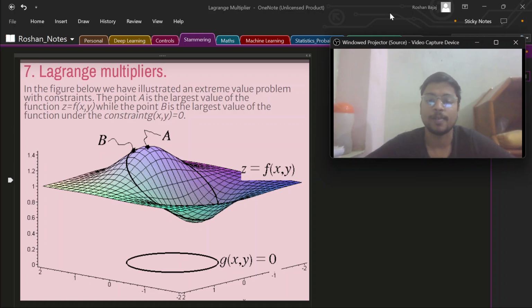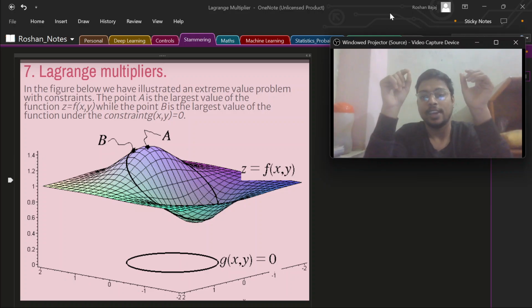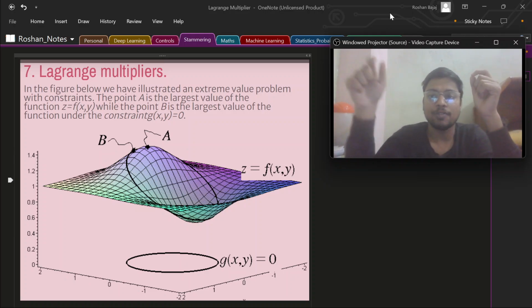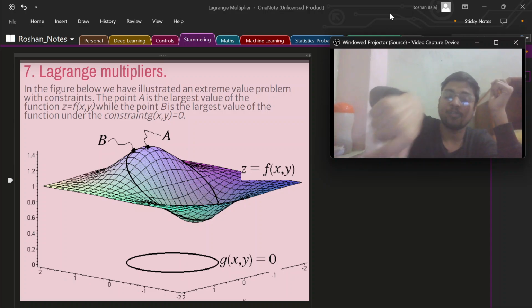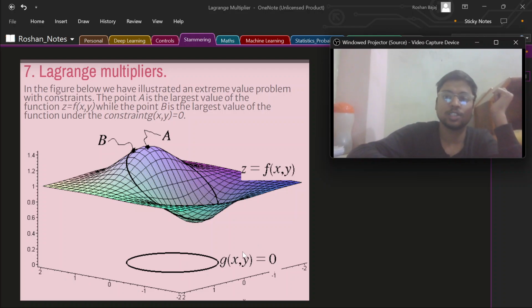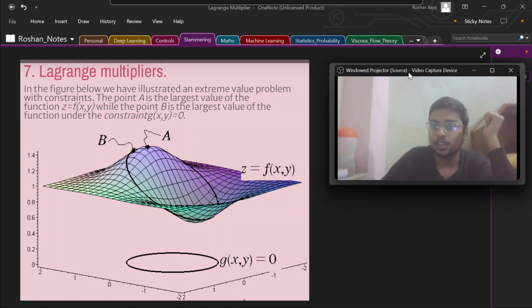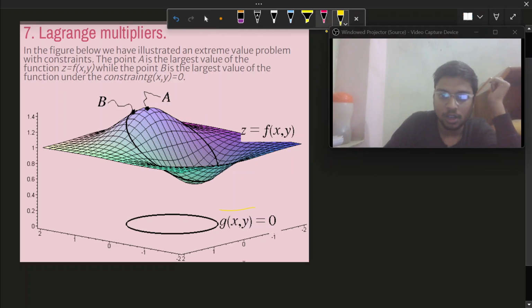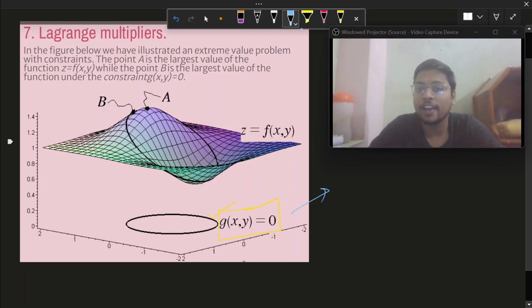But the problem is, if we are given a constraint, a boundary, like here g(x, y) equal to 0, we have infinite points.